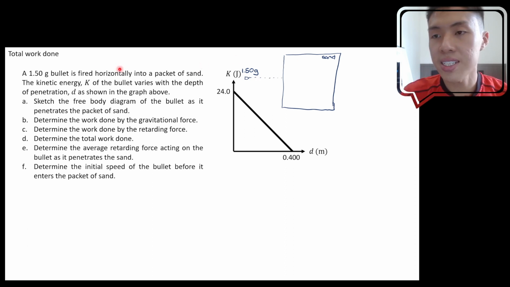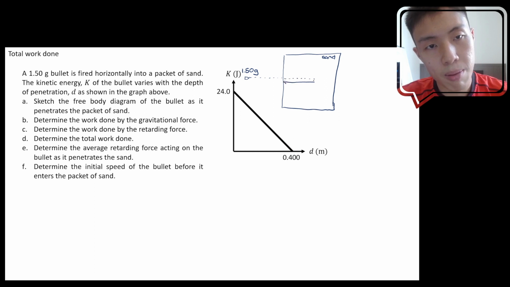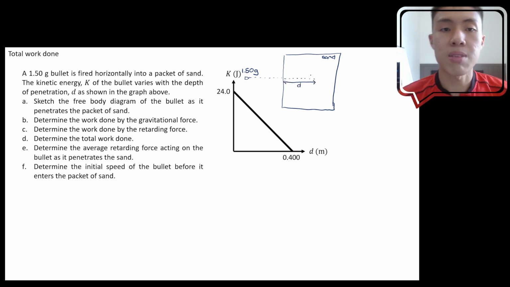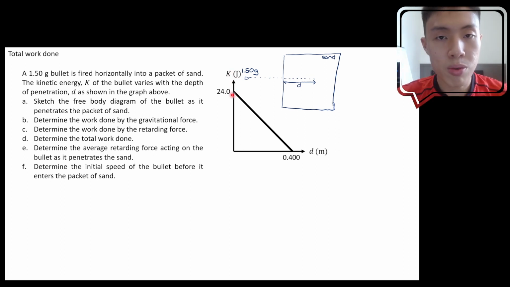Okay, then they say that the kinetic energy K, which is over here, of the bullet varies with the depth of penetration D. The D here stands for depth of penetration, as shown in the graph above. So what we can see here is that the kinetic energy decreases linearly with depth, meaning as the bullet penetrates deeper and deeper into the packet of sand, we can call this the depth of penetration D. As it penetrates deeper into the packet of sand, the kinetic energy will be decreasing.